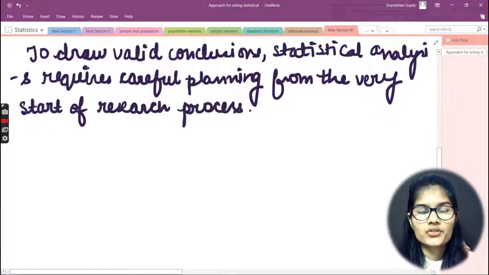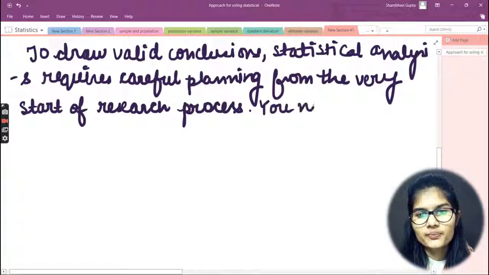So for drawing up the valid conclusions, the statistical analysis requires careful planning from the very start of the research processes.